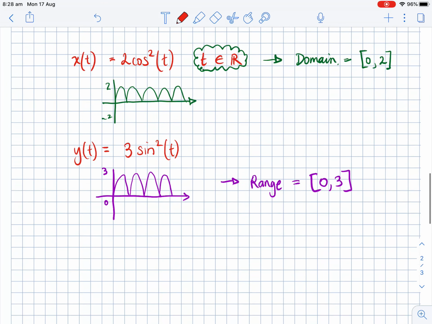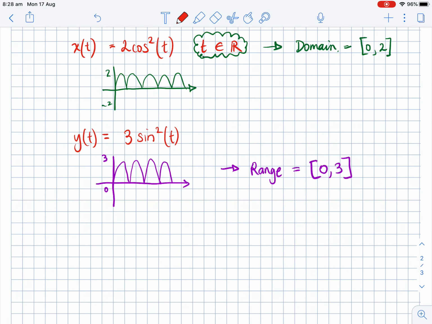And I can go a little bit further, and I can say my Cartesian relationship is y on 3 plus x on 2 equals 1, where x is an element of [0, 2]. So I've stated the domain in there.